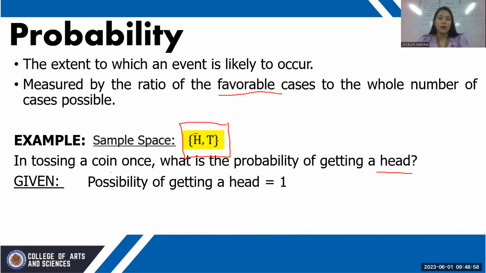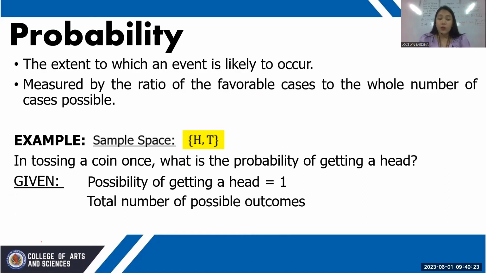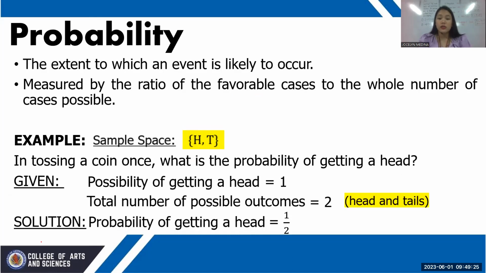So you're gonna get the ratio of getting head over sample space. So kapag ratio, it's just fraction or division. So possibility of getting a head, that's 1, over your sample space, which is dalawa sila, so that's 2. So ang probability of getting a head when you toss a coin is ganun lang.